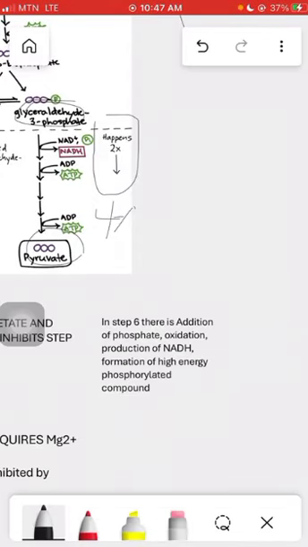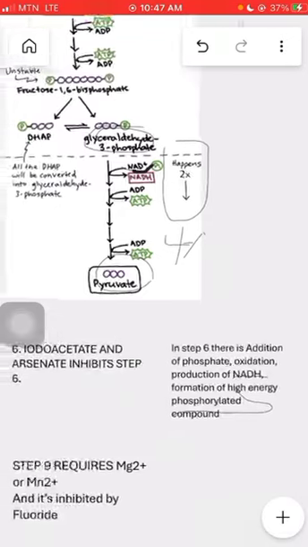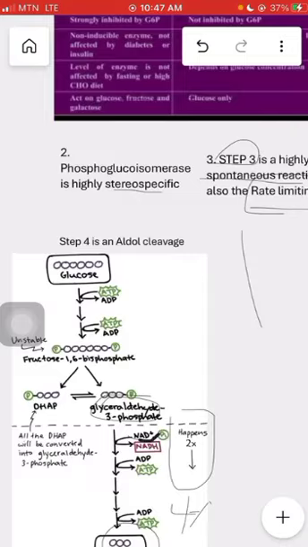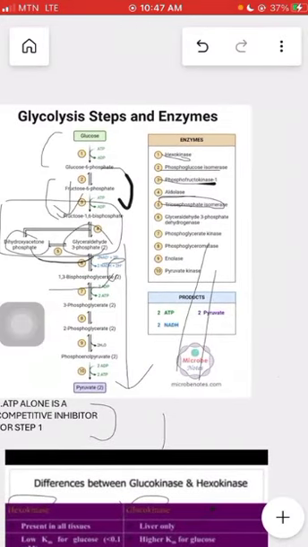And this hydride will be given to NAD+. And this NAD+, when it gains the hydride, it will be converted to NADH. Hope you understand. So there is oxidation, which leads to the production of NADH. And there is also the formation of a high energy phosphorylated compound called the 1,3-bisphosphoglycerate. Hope you understand.